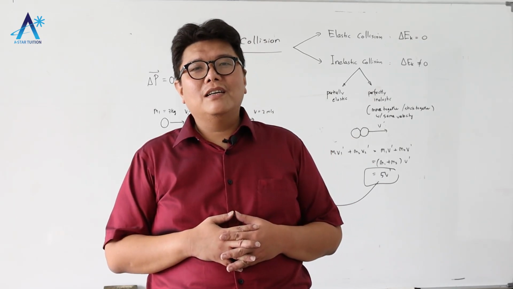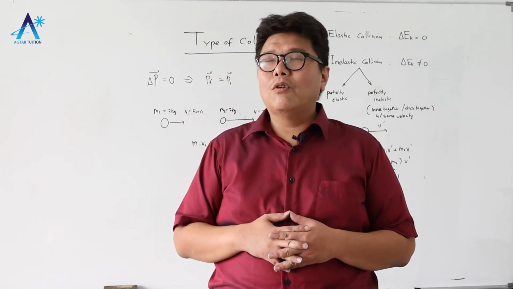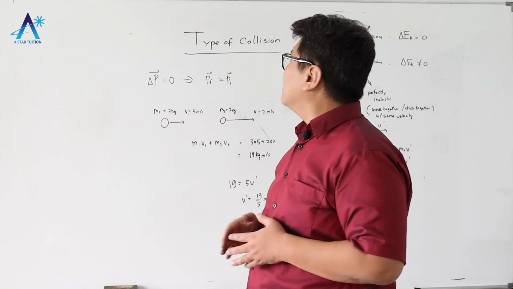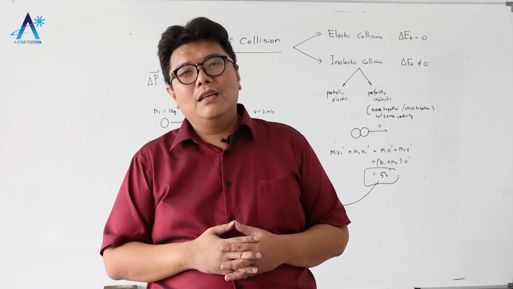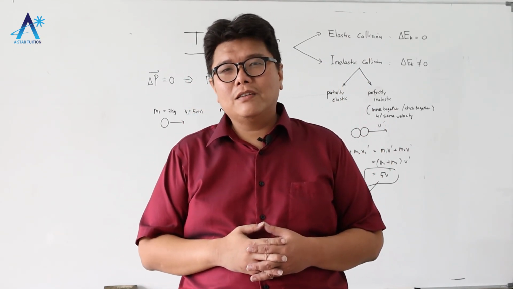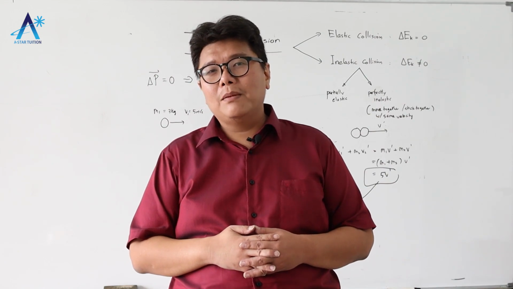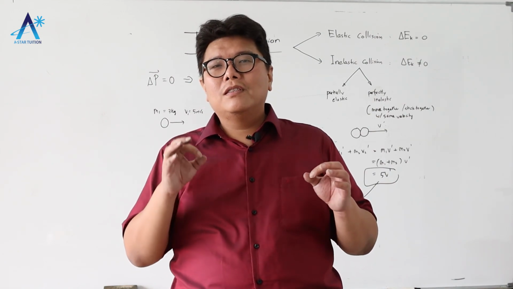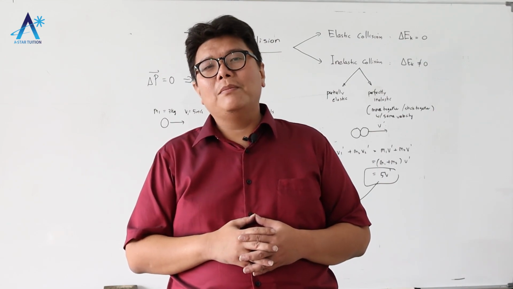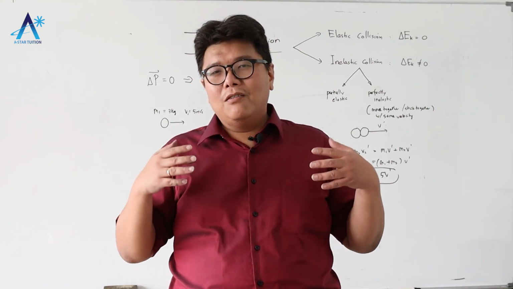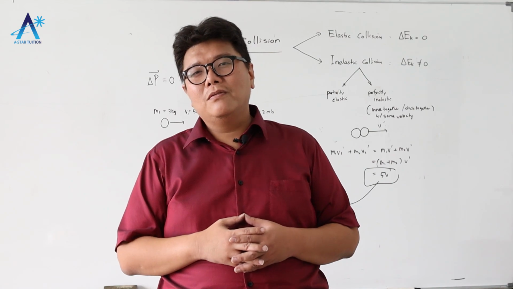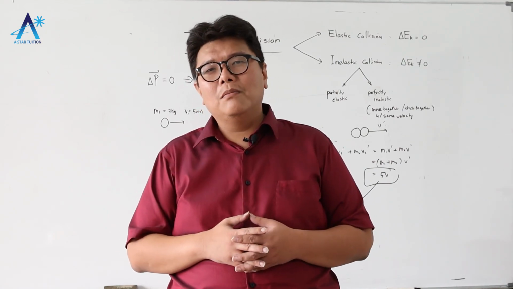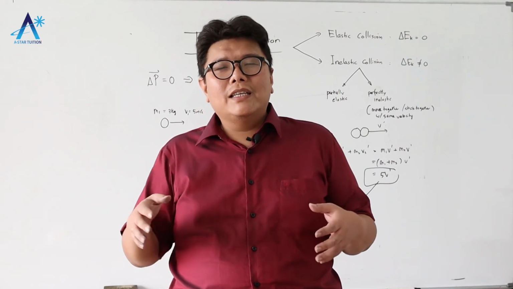So this concludes our discussion about momentum, impulse, and types of collision. I hope that this series of lessons about dynamics helps you understand the basic principles of dynamics, and hopefully you will be able to understand more about mechanics as a whole.